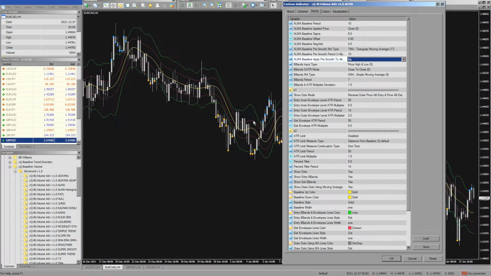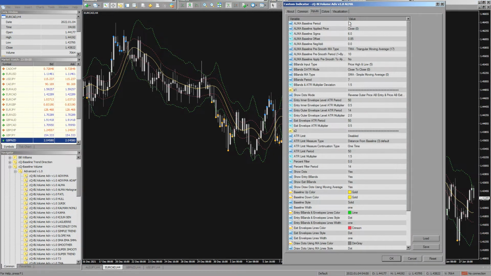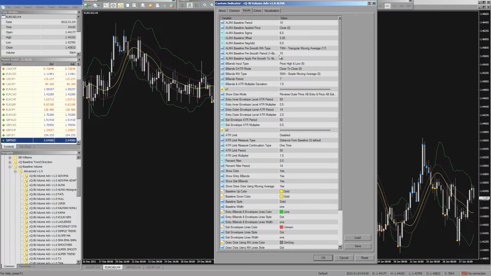If you set it to no, then it won't apply this pre-smoothing to the envelopes. So set it to no. As you can tell, this is a little less smooth, but actually looks like it works a little better. So you can get quite a variety just with this one option here.